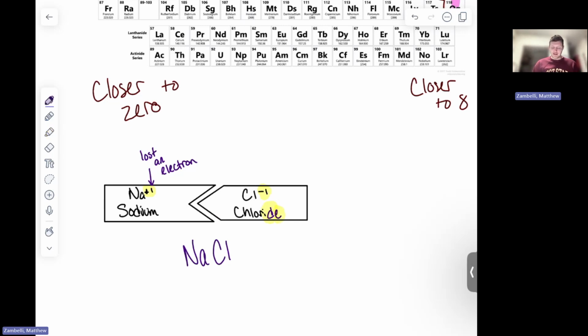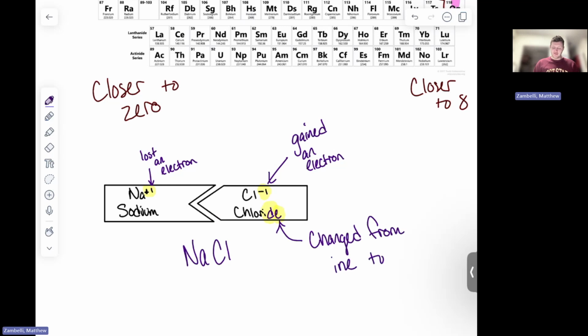So when it gained an electron, the ending of chlorine changed from INE to IDE. And that's just to tell us that the element is now in a compound. It's not all by itself. So that's the only reason you'll see these formulas written in a different way than you're used to.